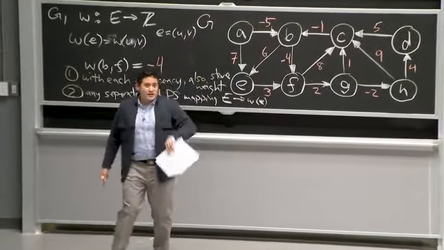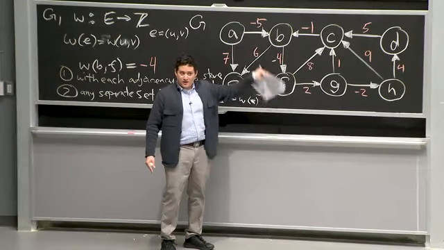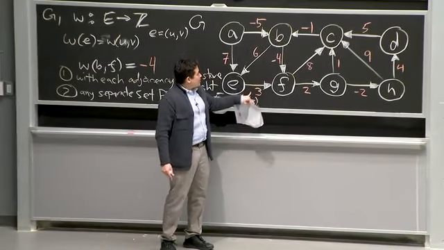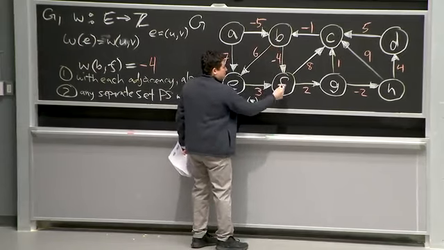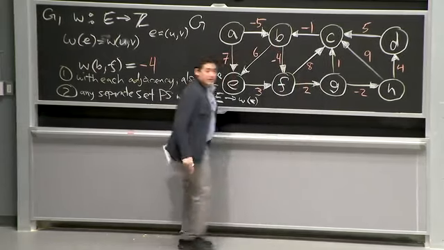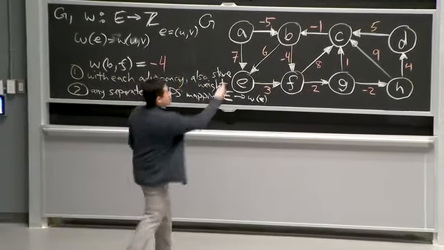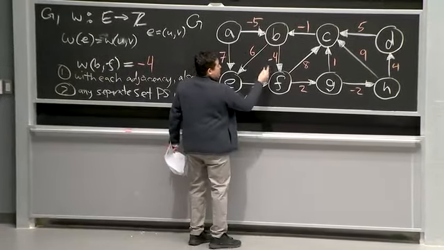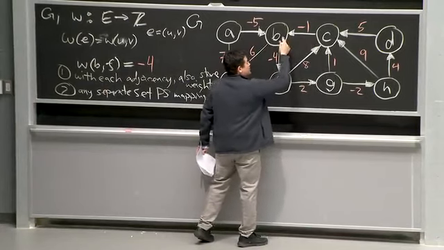What your colleague just informed me is that there's something interesting happening in this graph. In particular, we have a cycle from B to F to G to C and back to B that has negative total weight, right? This has -4 plus 2 plus 1 minus 1.